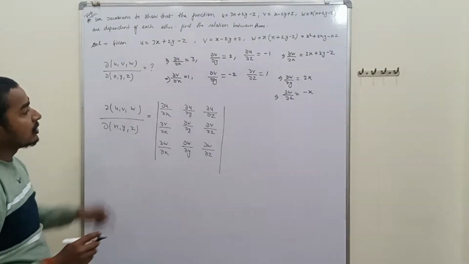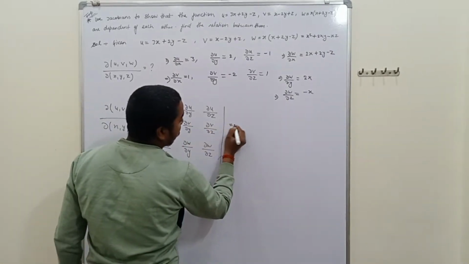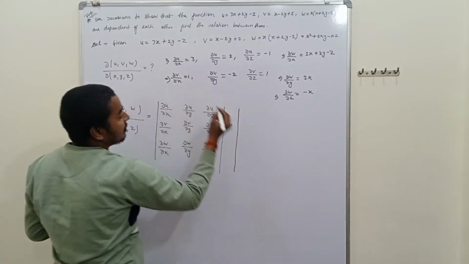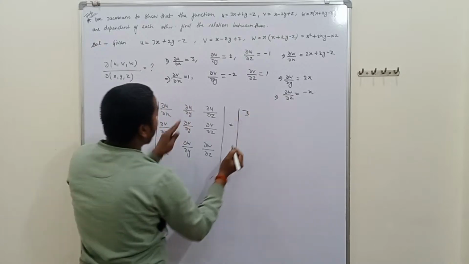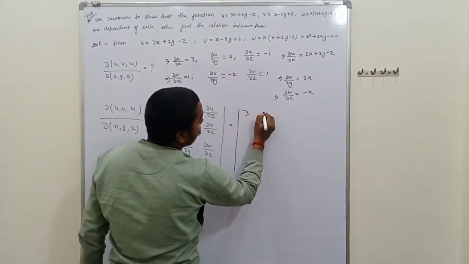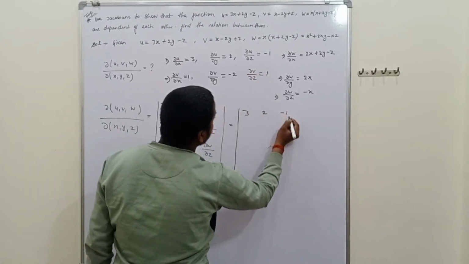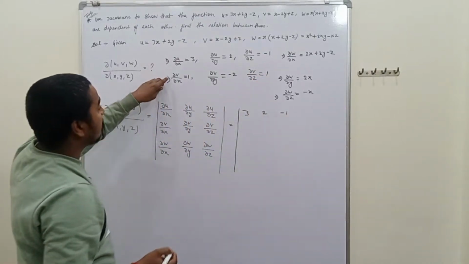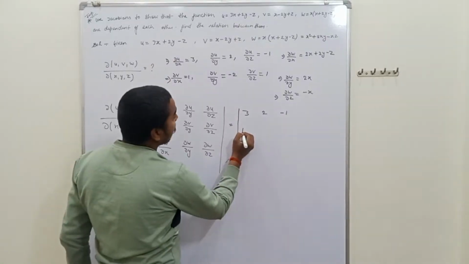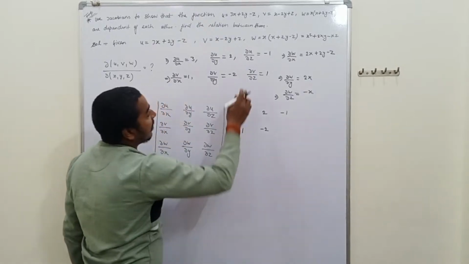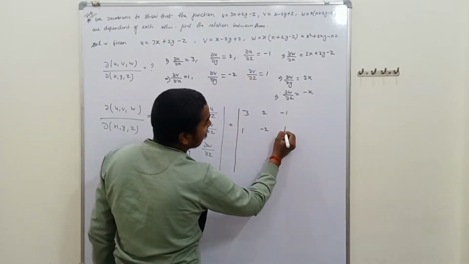We have to put the values in the given determinant. That is del u upon del x is 3, del u upon del y is 2, and del u upon del z is minus 1. Further del v upon del x is 1, del v upon del y is minus 2, and del v upon del z is 1.